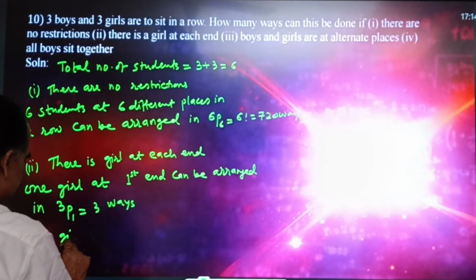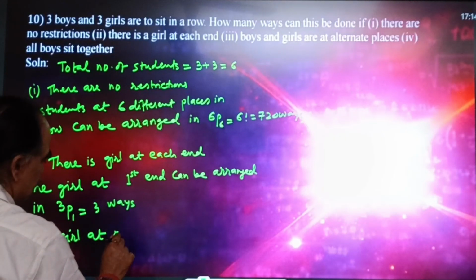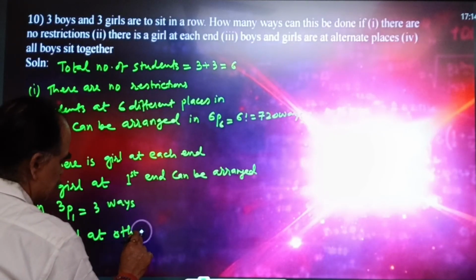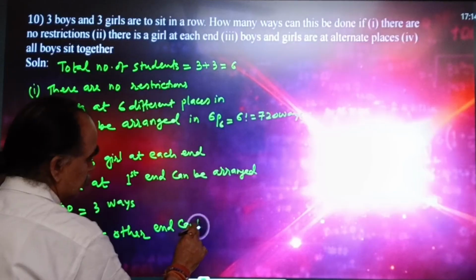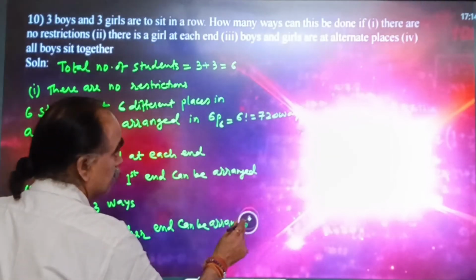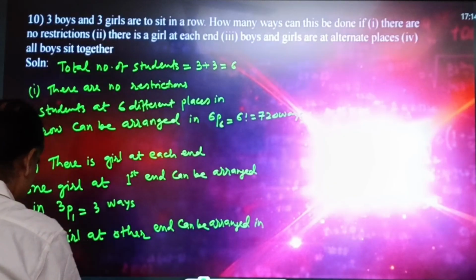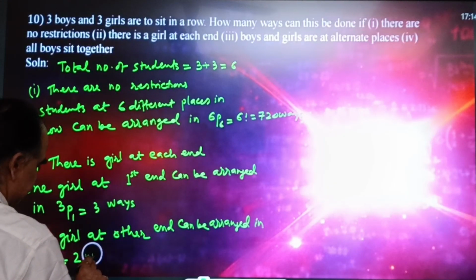One girl at other end can be arranged in 2P1 is equal to two ways.